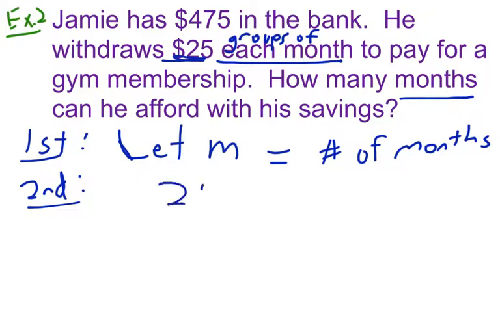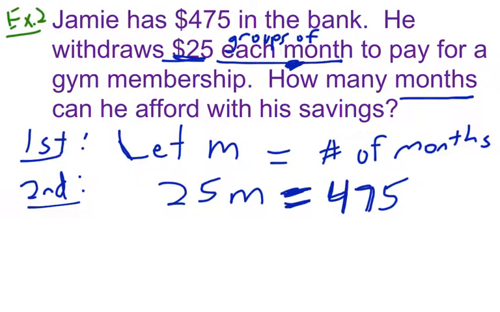So we have 25 groups, and months is m, so 25m, or 25 times m, is going to give us a total of, we only have $475. So does that make sense? 25 groups of however many months is going to deplete our savings account of 475 because we want to use exactly however much is in there.